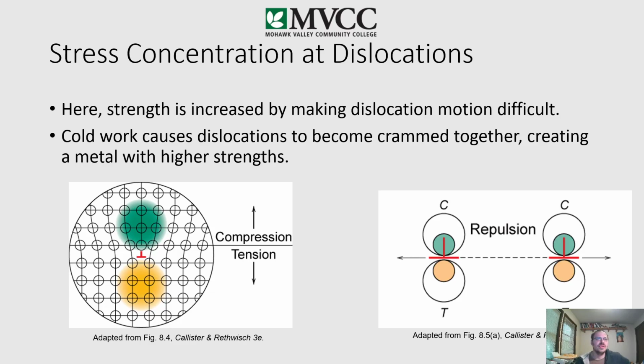So why are those dislocations and those stresses important? Stress concentrations at dislocations cause these push-pull kinds of stresses within the atomic structure of a metal, that bonding. Here, strength is increased by making dislocation motion difficult. So again, you have that push-pull action. What actually happens is you end up getting, say, two dislocations, right?